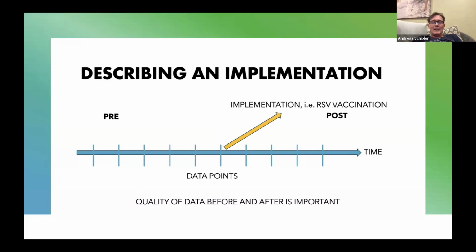Now, as I explained before, it doesn't happen all the time. And even in randomized controlled trials, it doesn't happen all the time. So, for instance, in the RSV vaccination program, you still have a steady incline of patients allocated to the intervention.